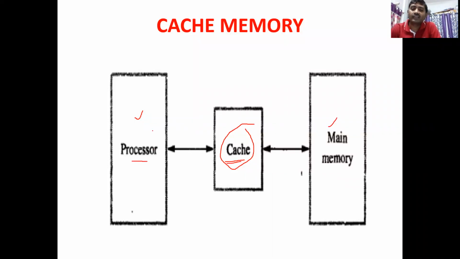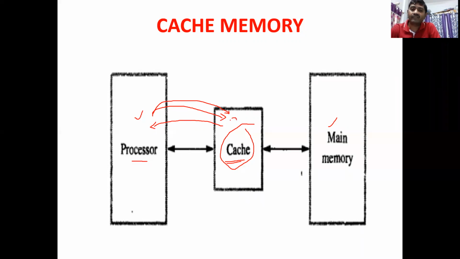Suppose an instruction has to be executed, first the processor will check the cache memory to see whether it is available. If yes, it will automatically be taken. Whenever it is checking, a memory reference is made. Memory reference, the CPU checking the cache memory, is called a memory reference.